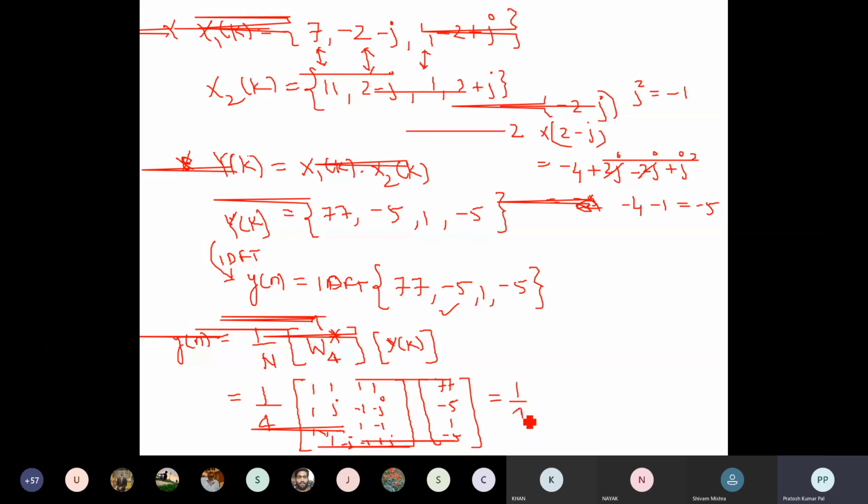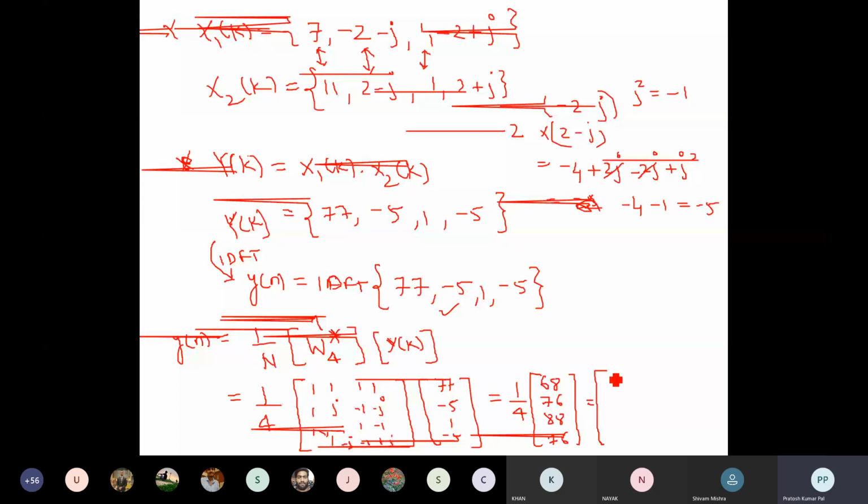So it will be 1 by 4, and after multiplying this, we will get 68, 76, 88 and 76. Okay, and after dividing it by 4, that will divide each term of the element. Okay, all the elements of this matrix will be divided by 4.